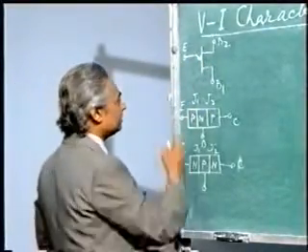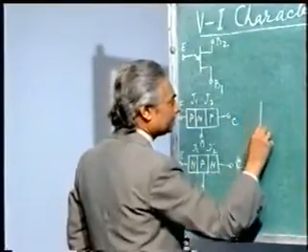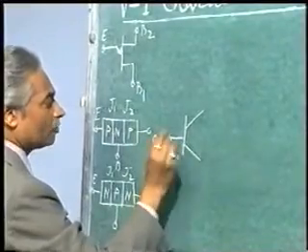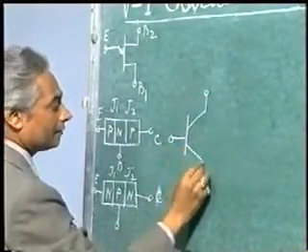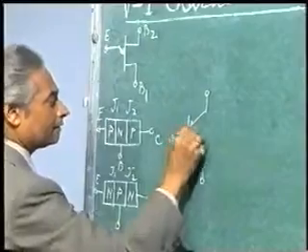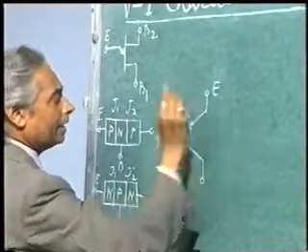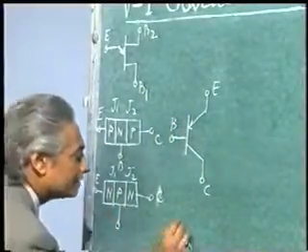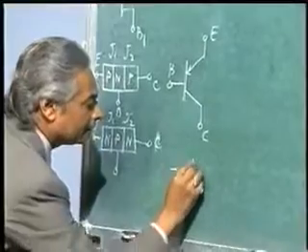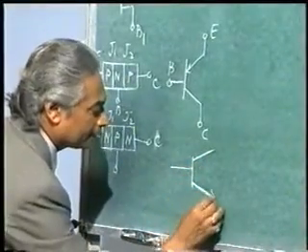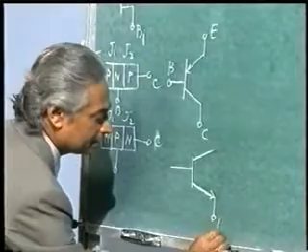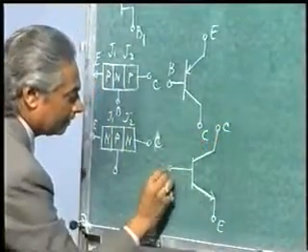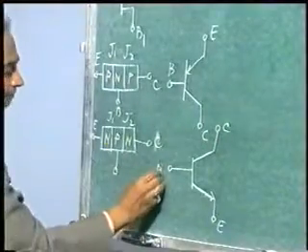The symbolic representation of a PNP transistor is like this. This is base, this is emitter and this is collector, and an NPN transistor is like this. This is emitter, this is collector and this is base.